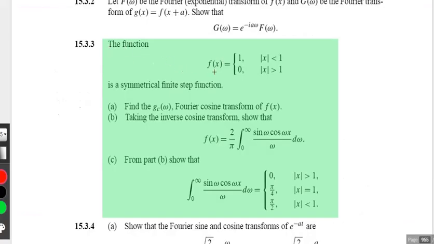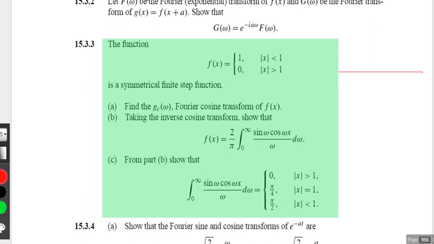The function f of x is equal to 1 if mod x is less than 1, and the function f of x is 0 if mod x is greater than 1. So when x is greater than 1, the function is 0. Now suppose this is x equal to 1.